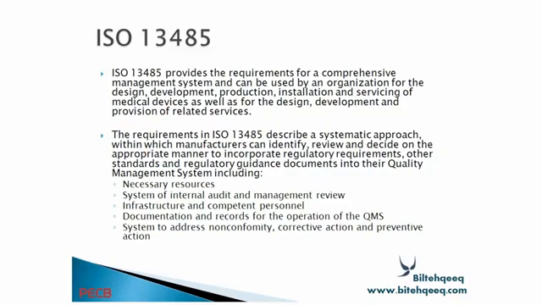identify, review, and decide on the appropriate manner to incorporate regulatory requirements, other standards, and regulatory guidance documents into the quality management system. These include necessary resources, a system of internal audit and management review, infrastructure and competent personnel, documentation and records for operation of the quality management system, and addressing non-conformity, corrective action and preventive actions.